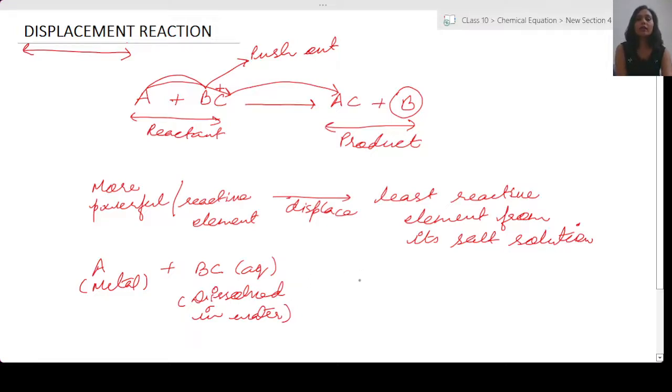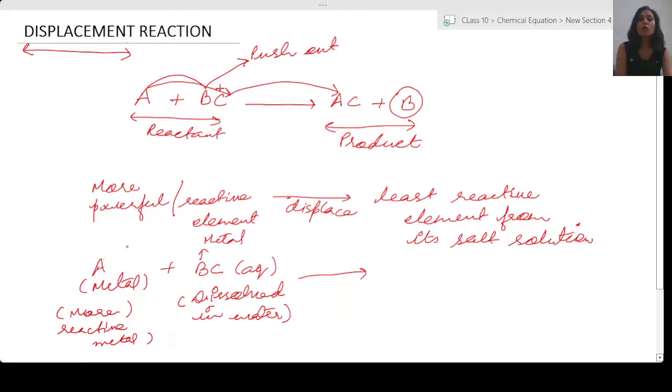Now in this BC solution, if you put A and mix it, then what will happen? A is a more reactive metal. We are considering here that it is a more reactive metal as compared to B. B here is a metal. When A is mixed with BC, the solution of BC, then A is more powerful, it is more reactive.